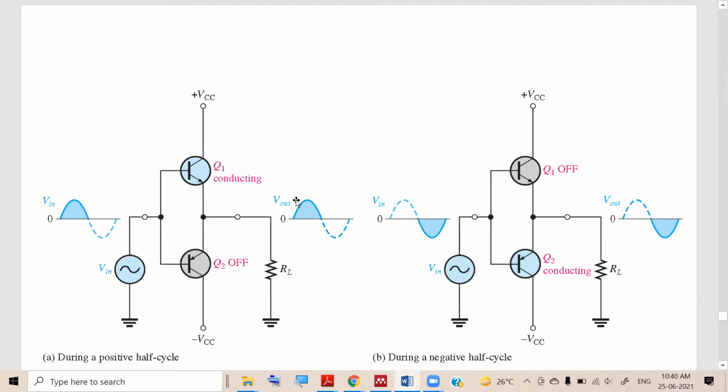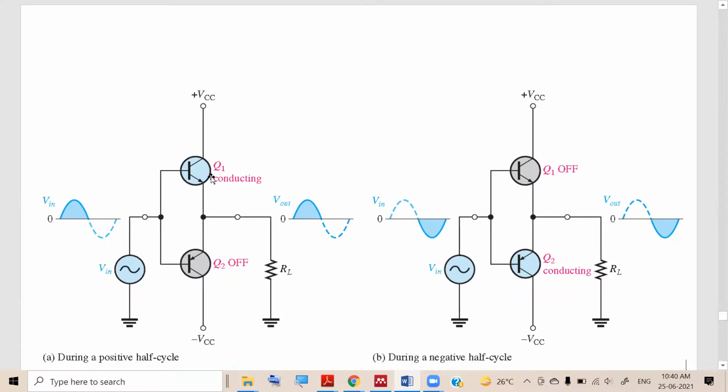So what is the average value of the output? If you observe, Q1 is only passing a half wave. So it is acting as a half wave rectifier, but an amplified version. I'm talking about Q1 only.